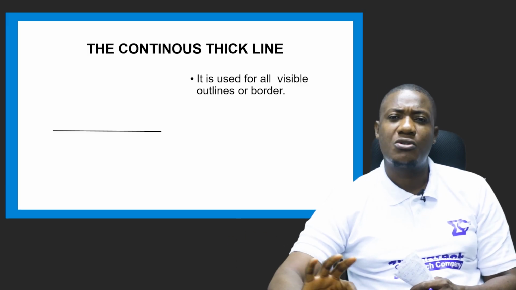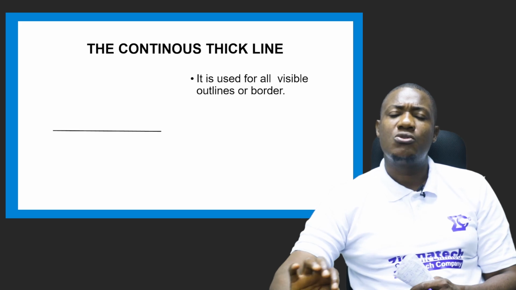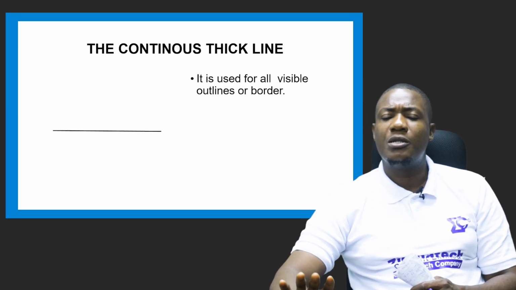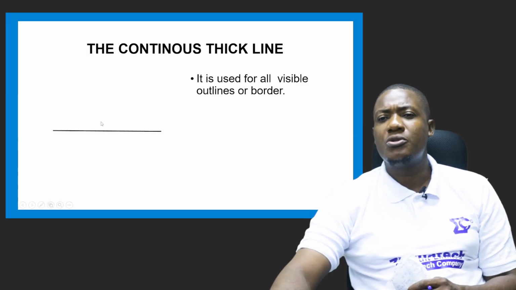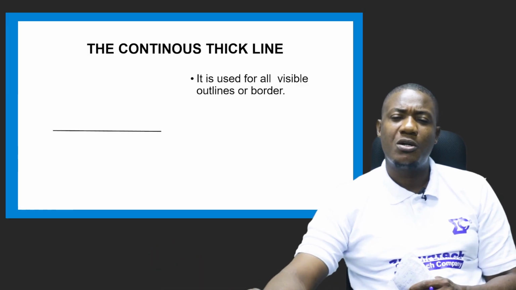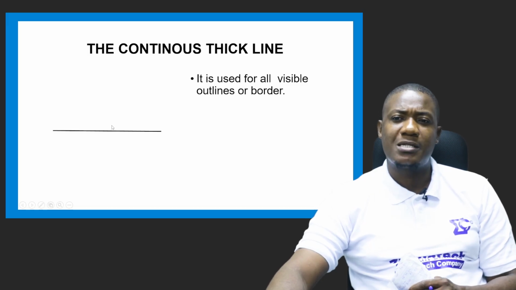After constructing with a thin line, then you use the thick lines to show the outline of the major thing you are drawing, or anything you want to produce. Let's say you want to produce the isometric drawing of a special shape, then we're going to use a thick line to show the outlines.